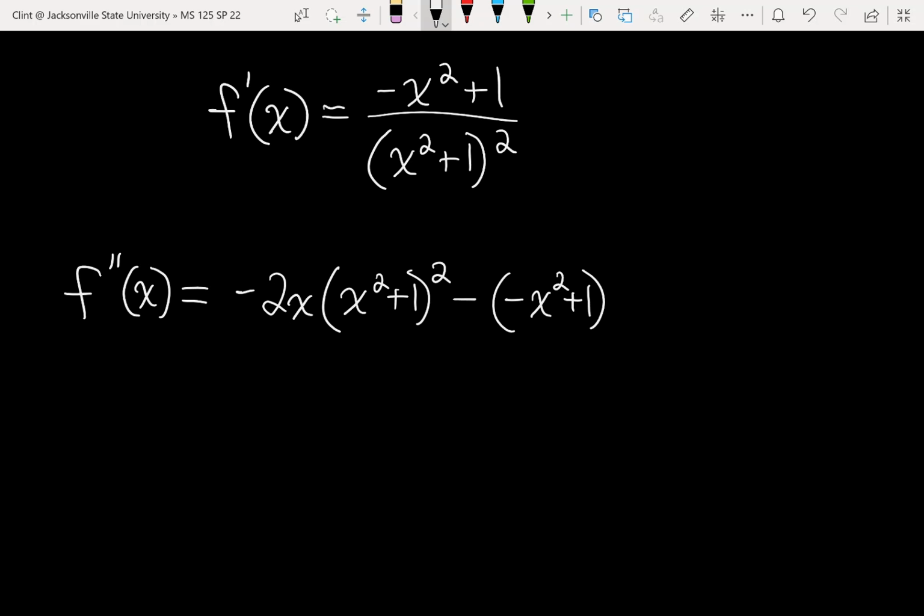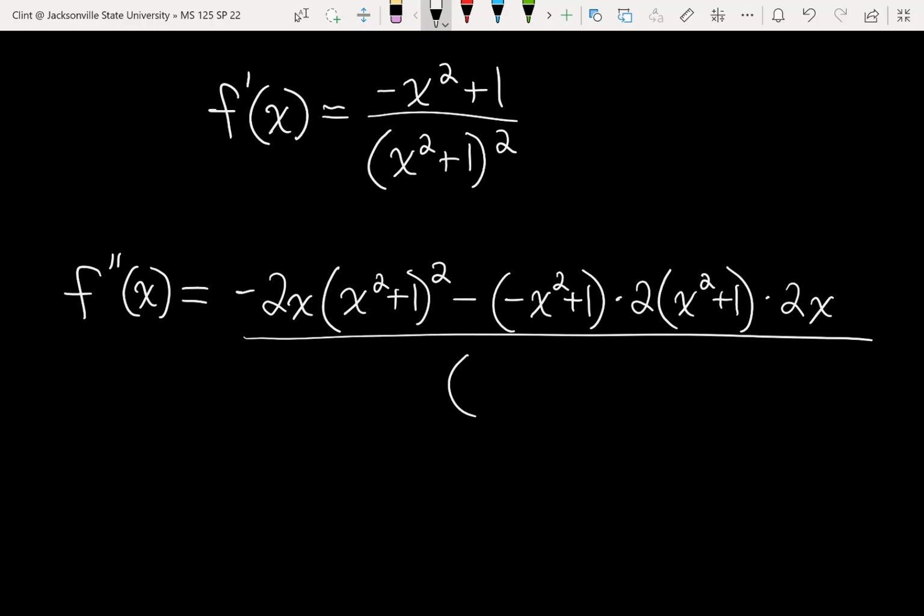Chain rule, yeah. Sadly. Over bottom squared. Yuck.